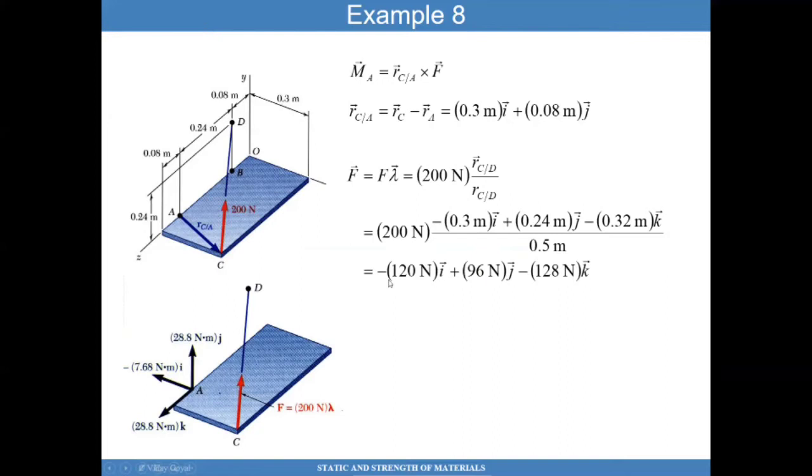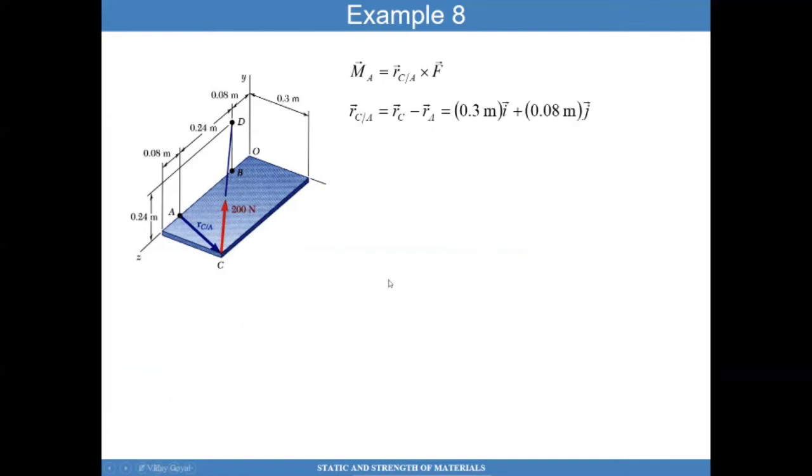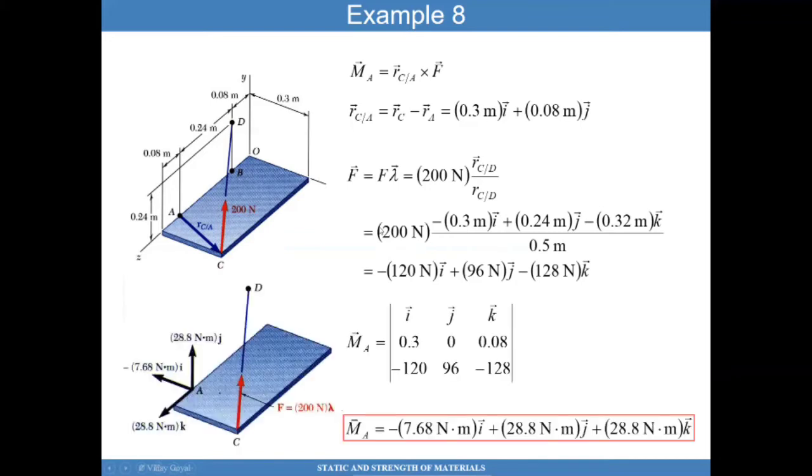Now that I have that force and its components in ijk from C to D, I can take the cross product r cross F. I put the components of that vector here, the components of this vector here, and simply perform the calculation for that moment. There's a slight error here. You can see I have a j hat, and yet I put this number under k hat.